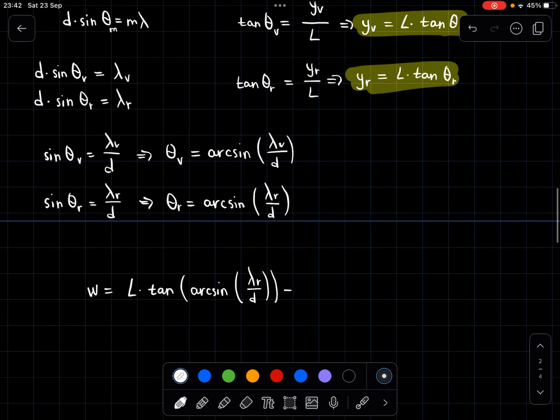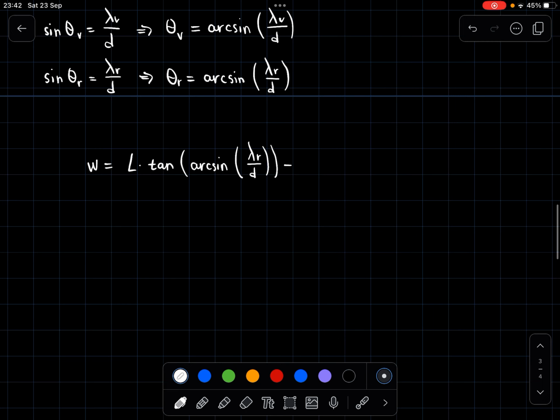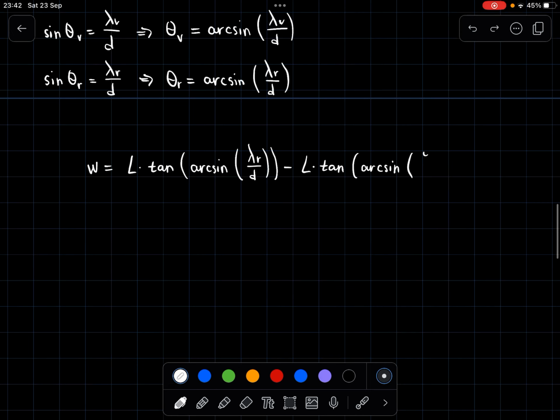Y violet is equal to L multiplied by tangent of theta violet. Theta violet is equal to arc sine lambda violet divided by d. So I'm closing it now.